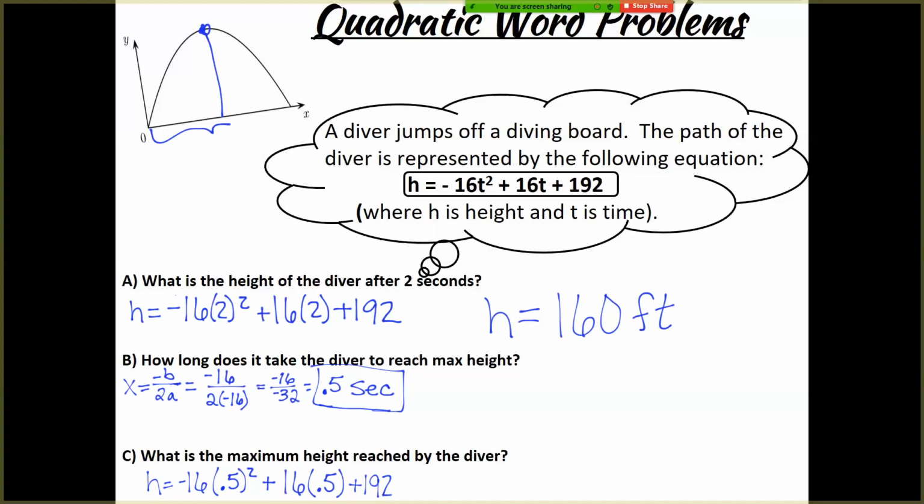To compute the maximum height for part C, you're going to take the original equation and plug in 0.5 for the time. So plug that in for t. And again, it's another calculator problem, negative 16 times 0.5 squared. Make sure you use your parentheses. Plus 16 times 0.5 plus 192. You did not stop, you squared.